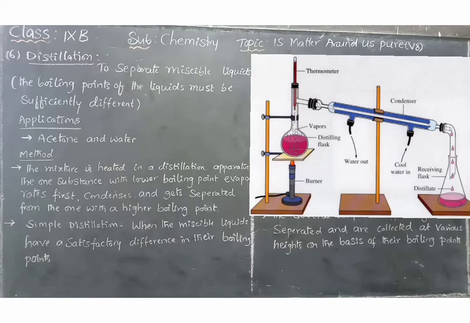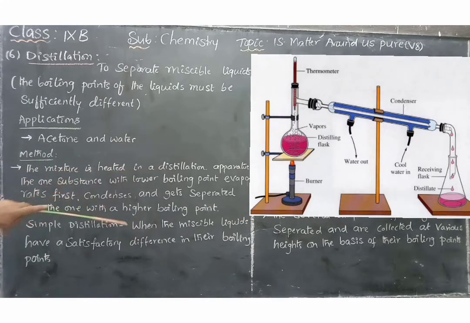Hello children, the next technique is distillation. To separate miscible liquids, the boiling points of the liquids must be sufficiently different. Then how to separate those two constituents present in the mixture? By using the distillation technique. An application is separating acetone and water. Method: the mixture is heated in a distillation apparatus.